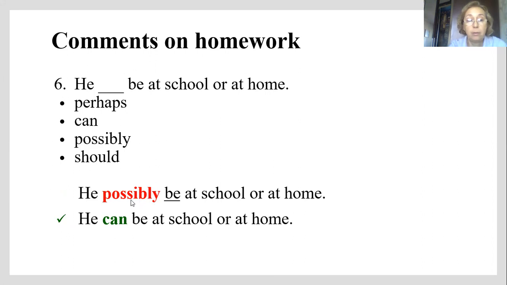He would possibly be at school. Will possibly be at school or at home. Or if we speak about the present, he is possibly at school or at home. We can't just leave be in the form of the infinitive here. That is why it's wrong. It's better to use can.